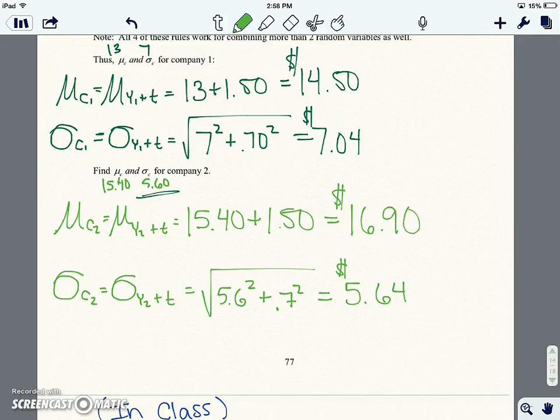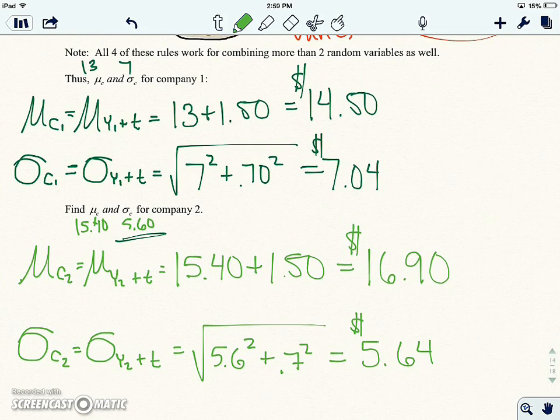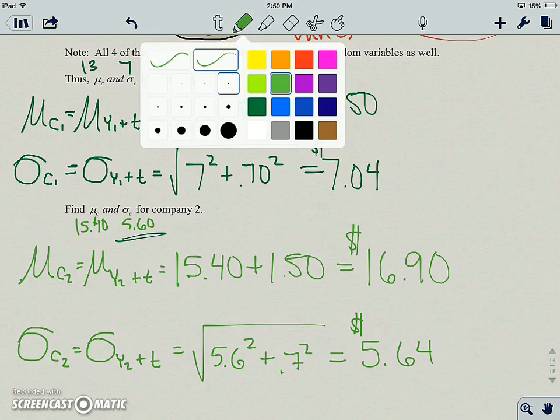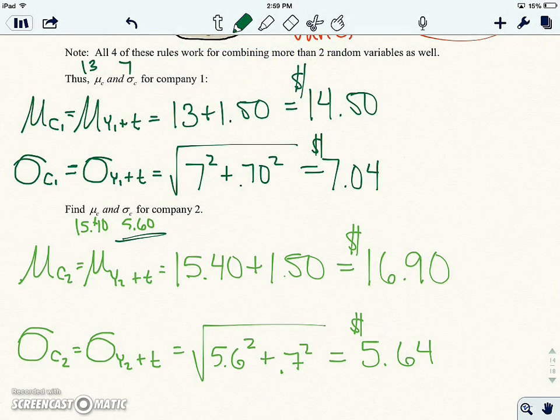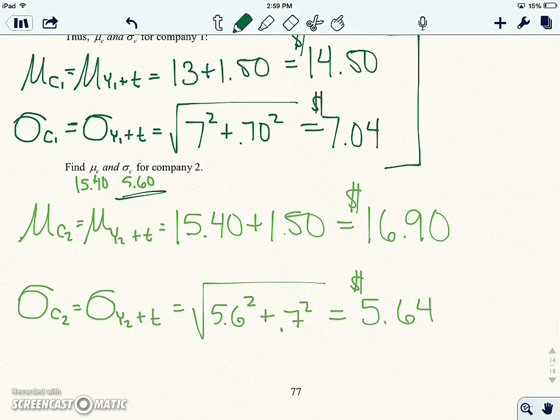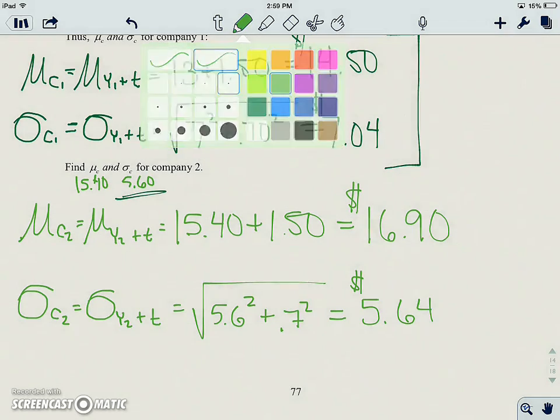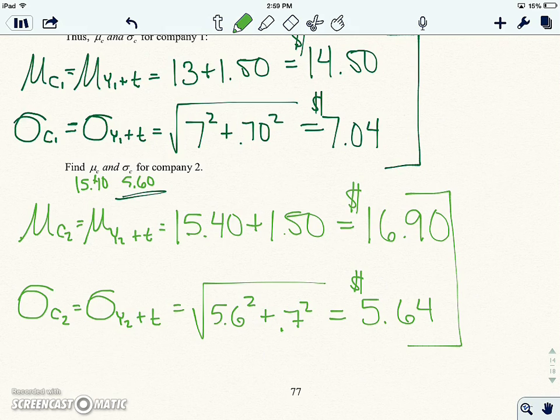So a total trip, including the tip. That's what we found here. So for company 1, the total cost of your trip, including the tip, on average is $14.50 with a standard deviation of $7.04. While for company 2, the total cost of your ride on average is $16.90 with a standard deviation of $5.64.